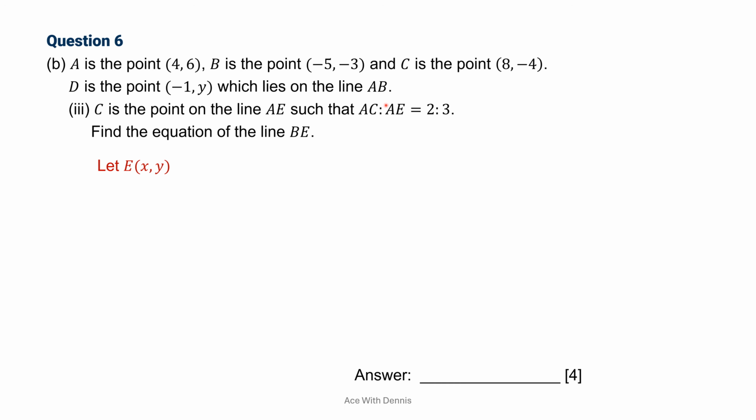Given the ratio AC to AE equals 2 to 3, we can form vector AC equals 2/3 vector AE. Vector AC can be broken down into vector AO plus vector OC, that equals 2/3 of vector AE, which can be broken into vector AO plus vector OE.